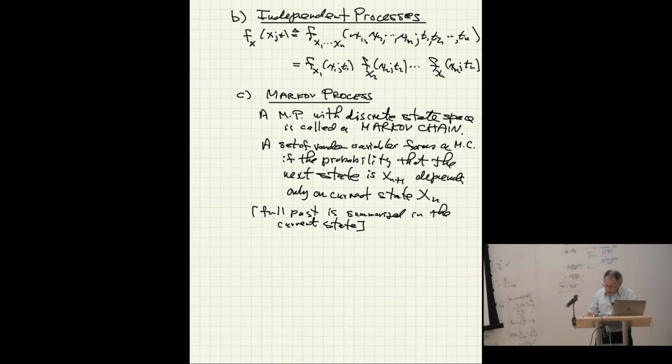Now for a continuous time, I just did a discrete time, for a continuous time Markov chain, but I'm going to call it a Markov process now because it's continuous time.